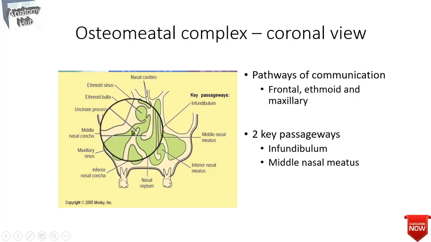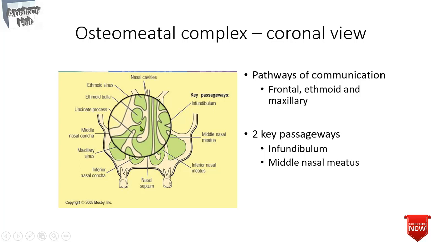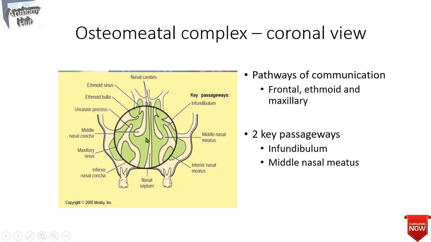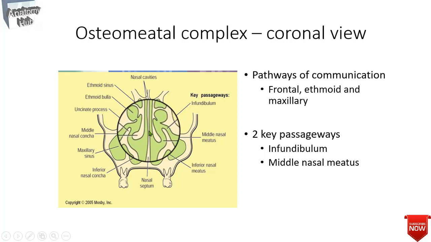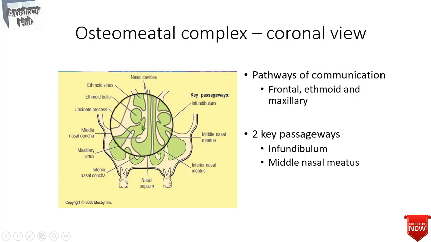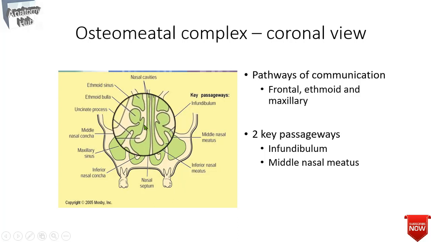So through the middle meatus at the bulla ethmoidalis, it just opens to this nasal cavity. And the ethmoidal sinus also opens to the lateral wall of the nose, that you can observe here.